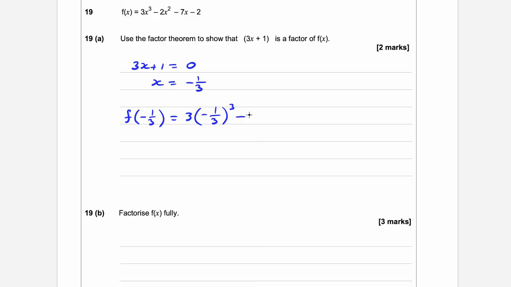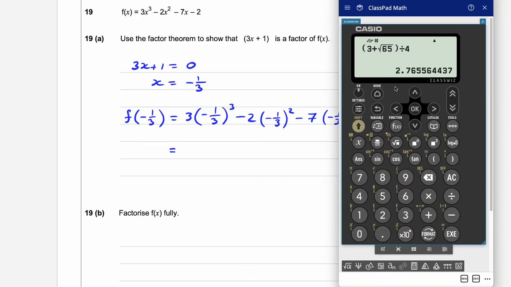minus 2 times minus a third squared minus 7 times minus a third minus 2. Okay, this is equal to, guys, I can just do this on the calculator. Let's do this on the calculator.